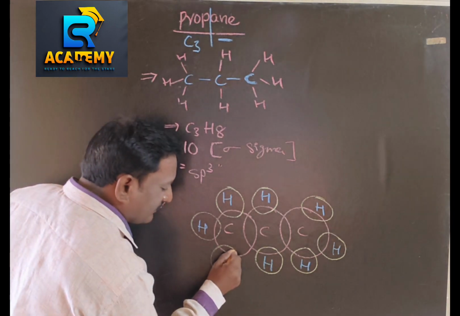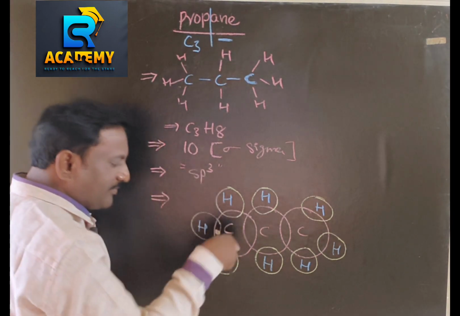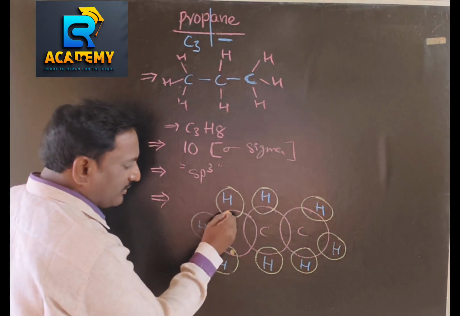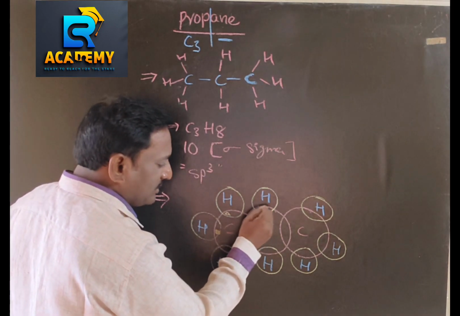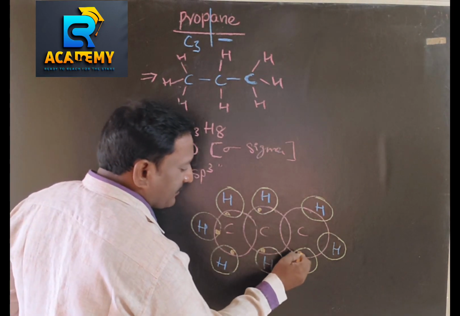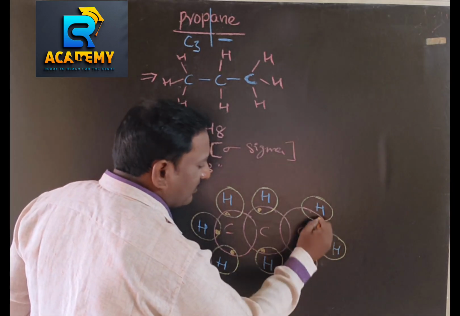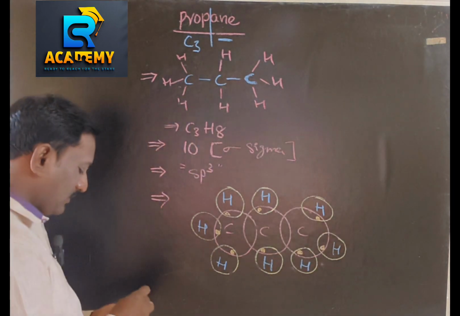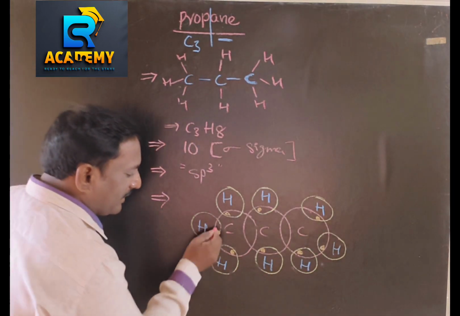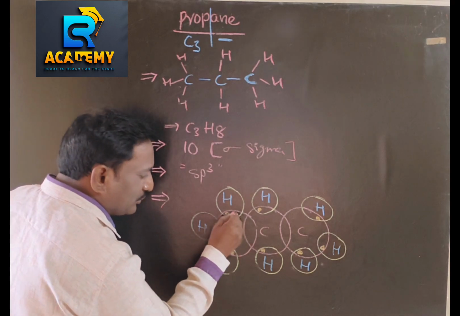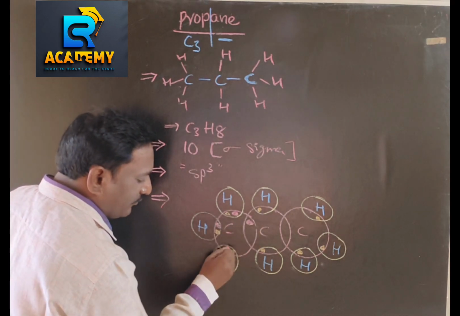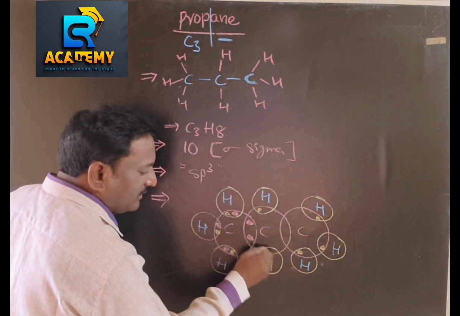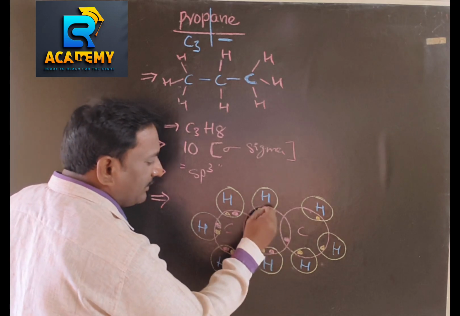Hydrogen H dot. Unpaired electrons must be placed in this area. H dot, H dot, H dot. Then what about carbon? 4 unpaired electrons: 1, 2, 3, 4. This carbon 1, 2, 3, 4.